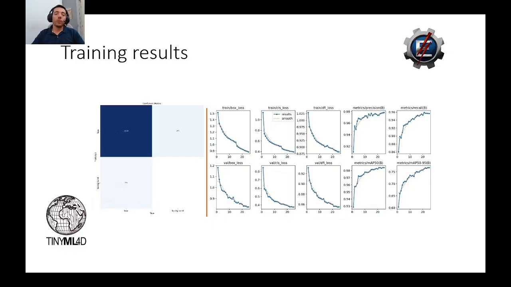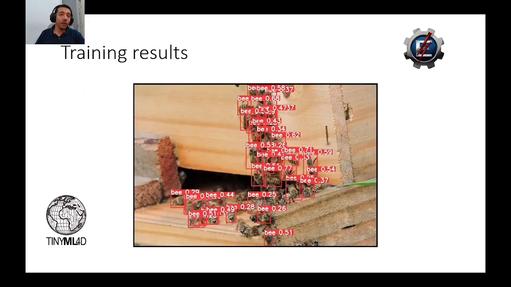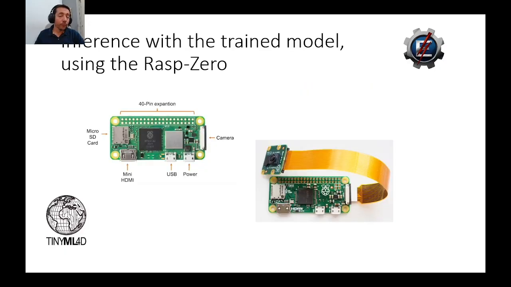The model took around 2.7 hours to be trained and showed an excellent performance. As you can see in this picture, the majority of bees were marked on the screen. So this shows us how good our system is.